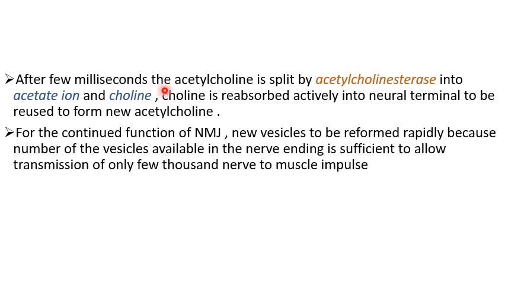After a few milliseconds, the acetylcholine is split by acetylcholine esterase into acetate ion and choline. Then this choline is actively reabsorbed into the neural terminal to form new acetylcholine. For the continued function of the NMJ, new vesicles have to be reformed rapidly, because the number of vesicles available in the nerve ending is sufficient to allow the transmission of only a few thousand nerve impulses to the muscle.